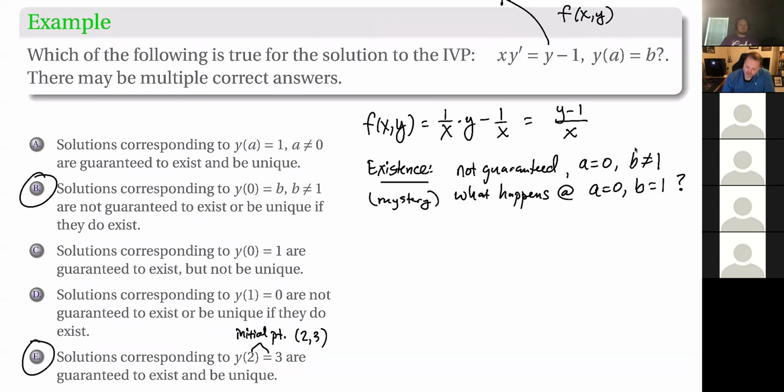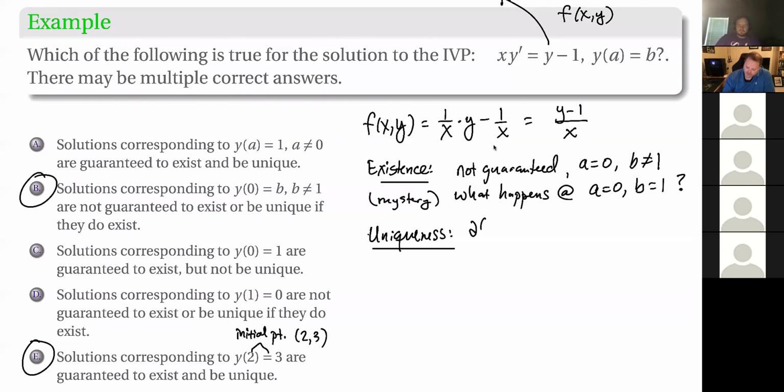All right. What about uniqueness? Well, now remember, uniqueness requires the partial derivative with respect to y, right? So I've written it in this form here to make that easy to calculate. What is the derivative of this with respect to y? So treat x as a constant and take the derivative with respect to y. Yeah, 1 over x.